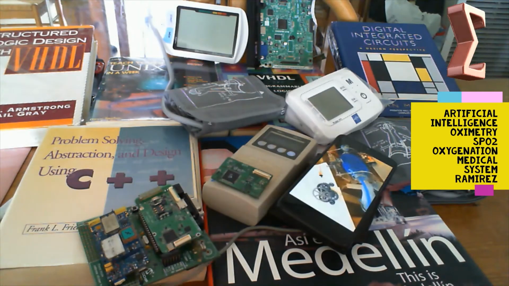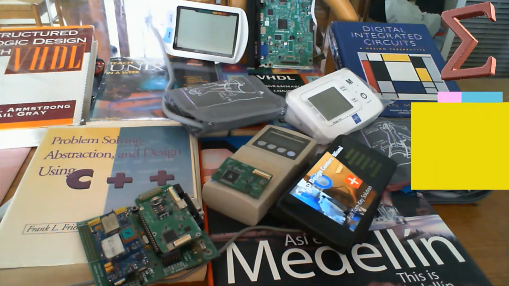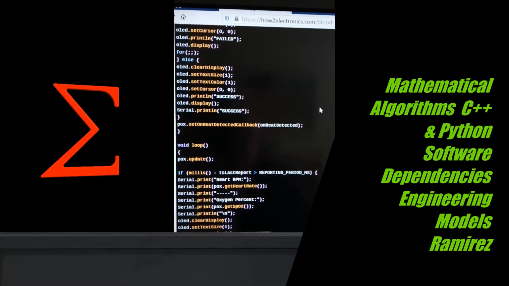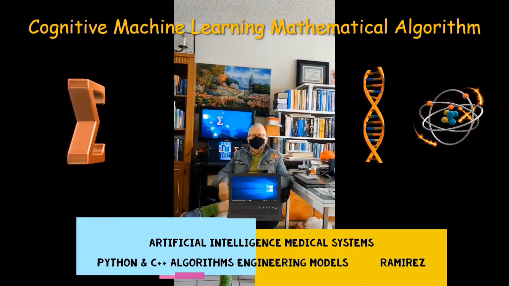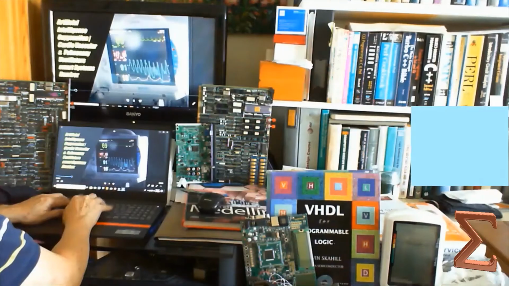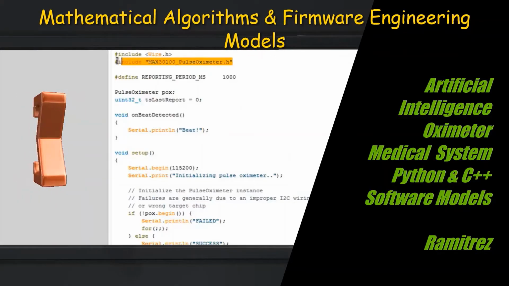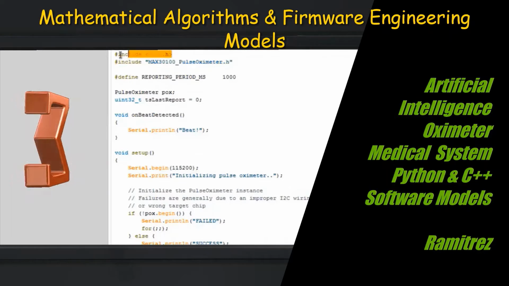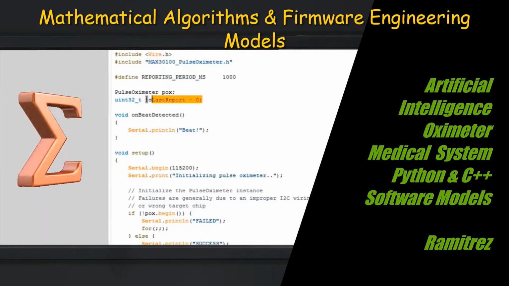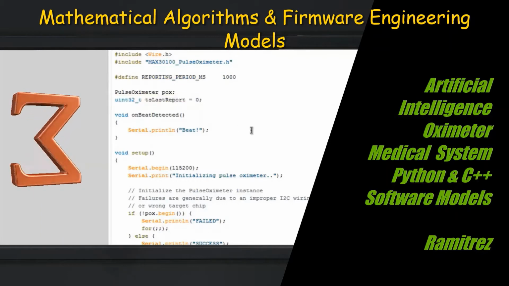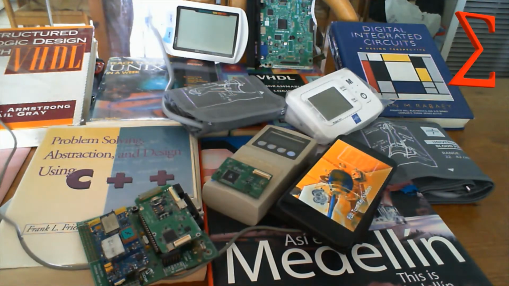The complex mathematical algorithms and software development consist of signal processing. The file was arranged to get a matrix of 4 columns where direct current and alternating current, infrared and red values are stored, with the following filtering techniques.